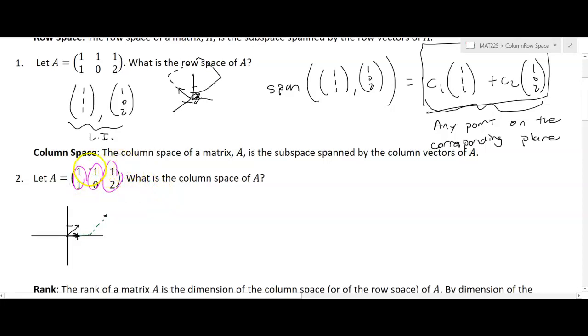How do I figure out what subset of these is linearly independent? Well, we know that you have linear independence if there exist constants that are not all 0 such that I can take these vectors tip to tail and arrive back at the 0 vector.